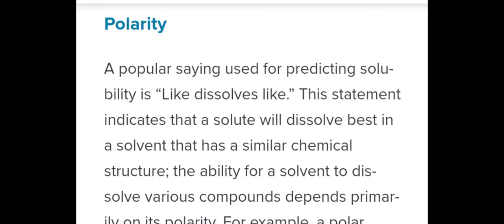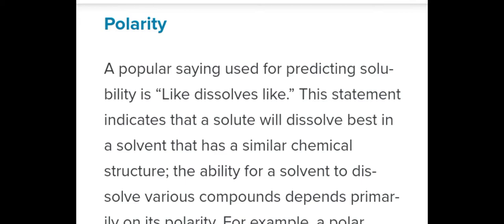Next is polarity. Like HCl is a polar molecule, because chlorine is more electronegative than hydrogen. That's why there is a partial negative charge on chlorine and a partial positive charge on hydrogen. HCl becomes partial positive and Cl partial negative. This is the polar molecule.